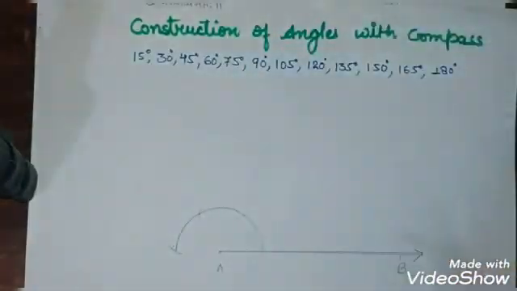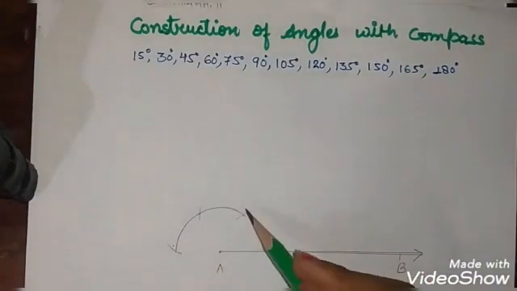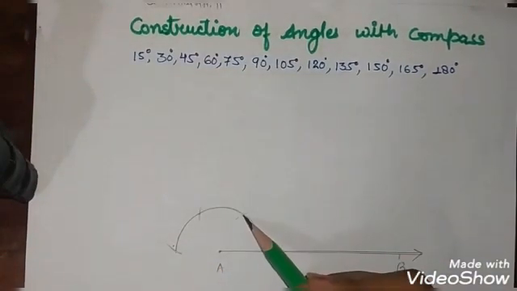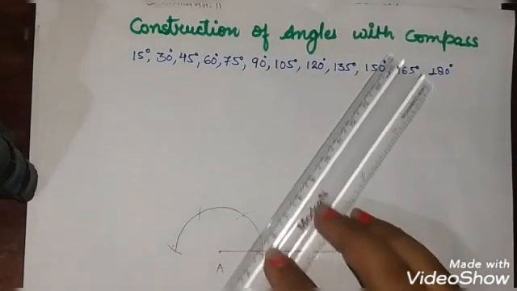Divide the semicircle into 3 parts. Now you all can see here that this is the point of intersection of 2 arcs. Now you join the point A and a point of intersection of these arcs.